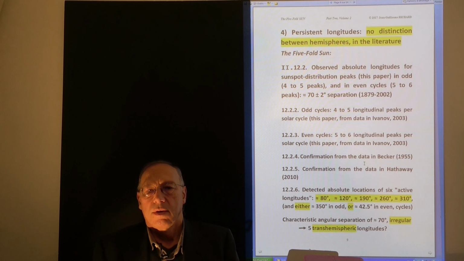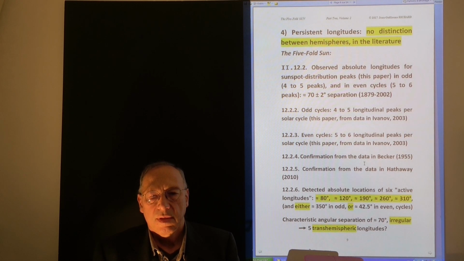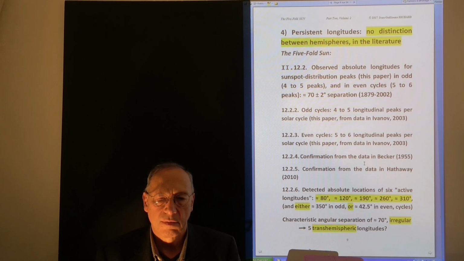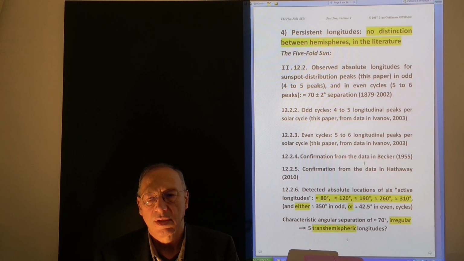We now go into the findings in the book The Fivefold Sun, and we start with the notion of persistent longitudes, which is revisited in this project as a meta-analysis of published results since the beginning of this subject matter, which is earlier than the 19th century.